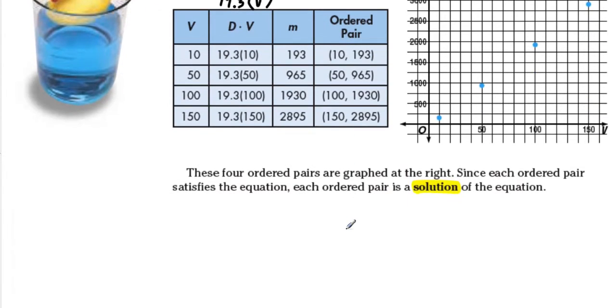That's what it means to satisfy the equation. Therefore, all of these ordered pairs are called solutions to our equation.